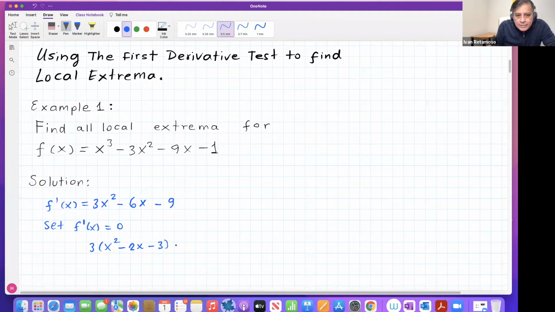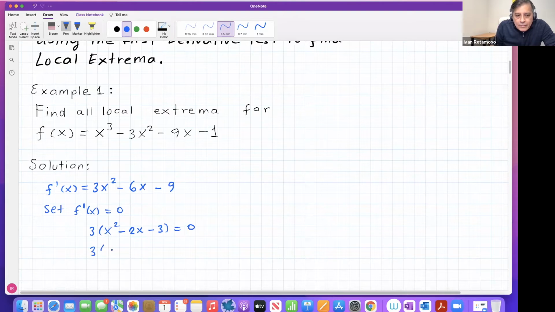This is the factorization, equal to 0. If you factor further this part, after some trial and error, you will see that this is x, this is x. Two numbers whose multiplication is -3, whose sum is -2, are -3 and 1, right? -3 and 1. Great, equal to 0.